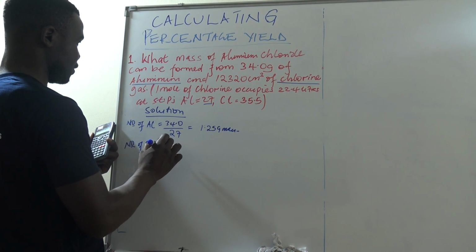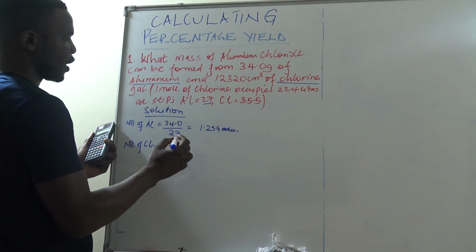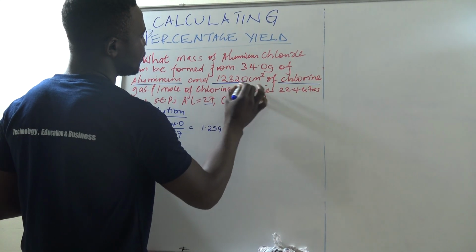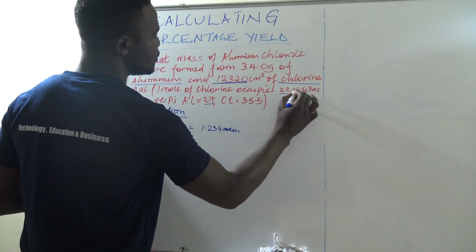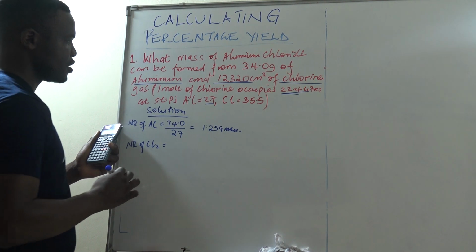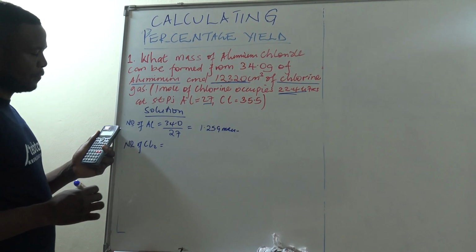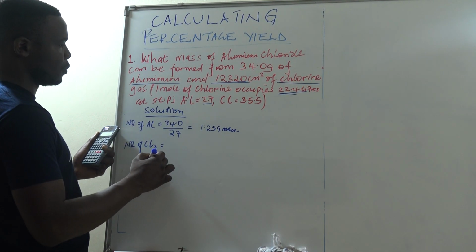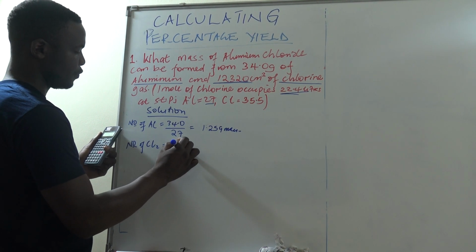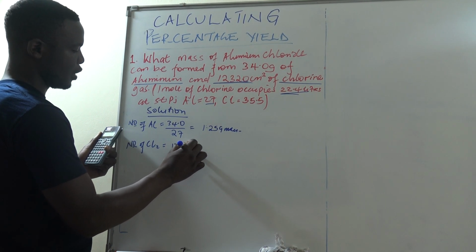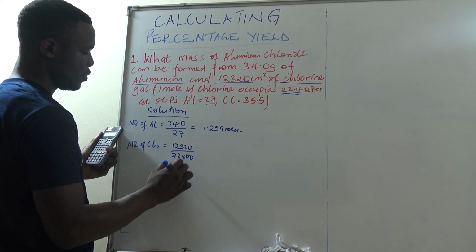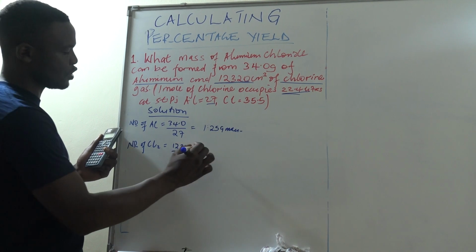Let's also get the number of moles of chlorine. Now, the chlorine, in this case, they gave us a volume that is occupied at STP. So, still from first principle, number of moles of chlorine will be volume occupied by chlorine divided by volume occupied at STP.